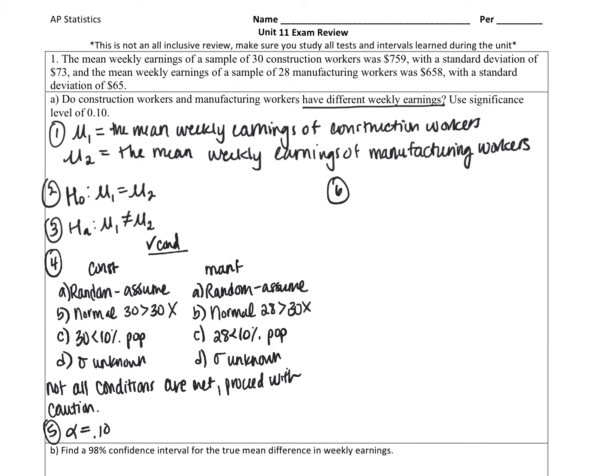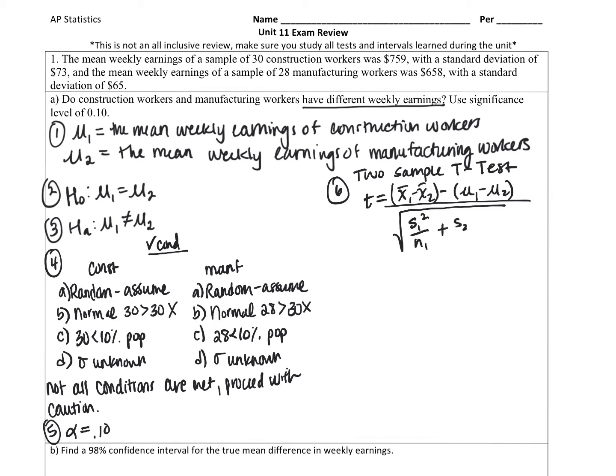Okay, so we are doing a two-sample t-test, with our formula, t equals x bar 1 minus x bar 2 minus mu 1 minus mu 2 over the square root of s sub 1 squared over n1 plus s sub 2 squared over n2.